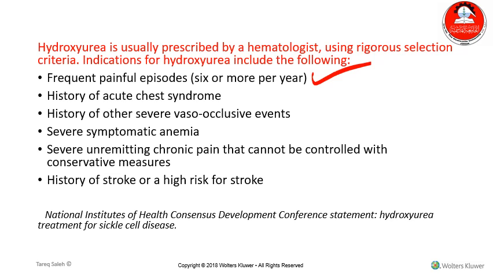You can also use hydroxyurea in patients who developed acute chest syndrome, and this results from the sickling and occlusion of blood vessels. If the patient has a previous history of severe vaso-occlusive events, then they can also be given hydroxyurea. If they have severe symptomatic anemia, this means you will reserve hydroxyurea for the treatment of severe sickle cell disease.